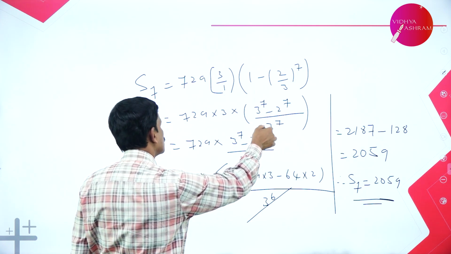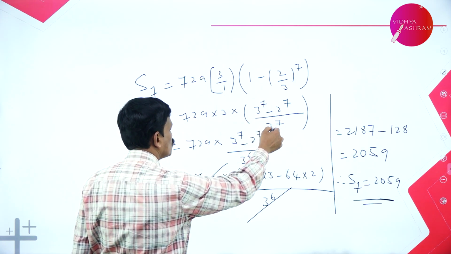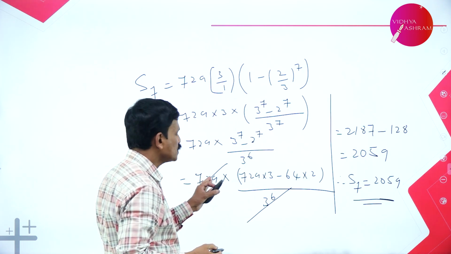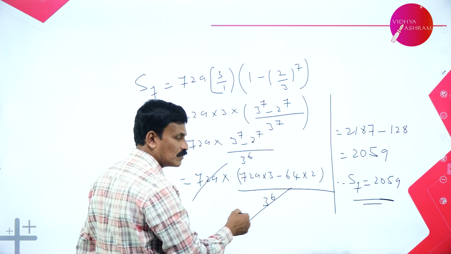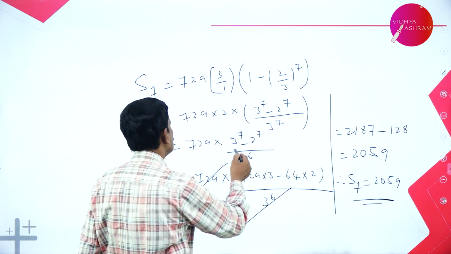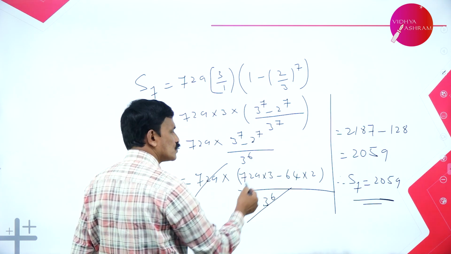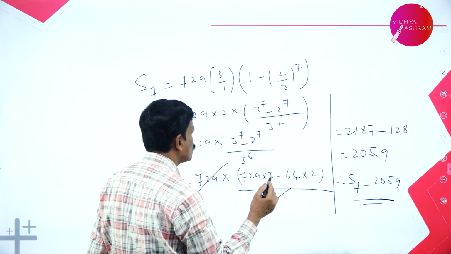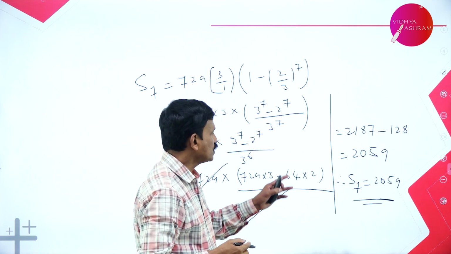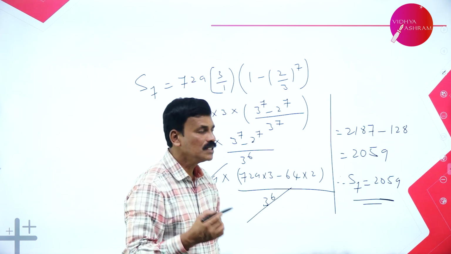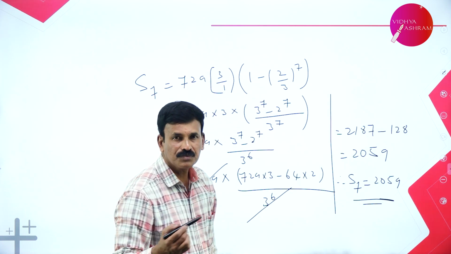Take the LCM, 3 power 7 minus 2 power 7 over 3 power 7. The 3 power 7 in the denominator cancels, and 729 and 3 power 6 are the same, so 729 gets cancelled. So 729 into 3 is 2187, minus 64 into 2 is 128. If you subtract, you will get 2059. So the sum of 7 terms is 2059.